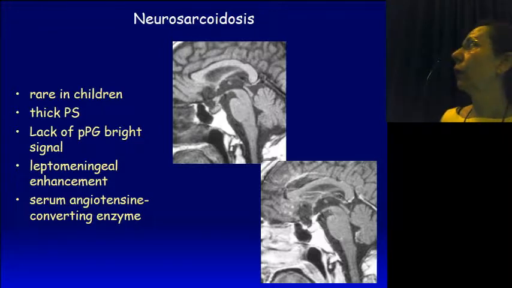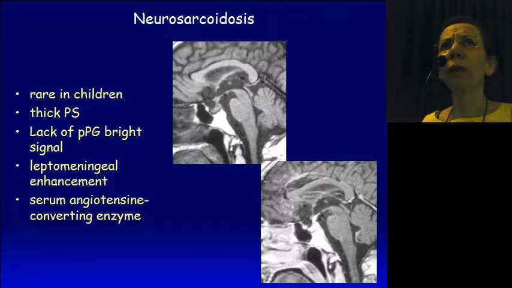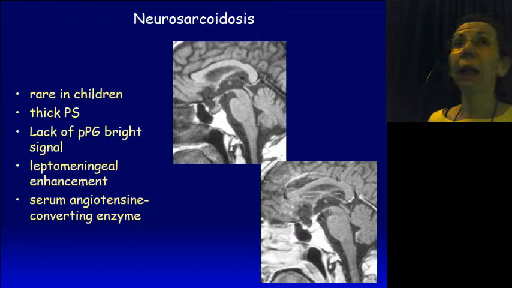Neurosarcoidosis, we don't see very often in children, but it exists. And again, this is a granulomatous disease, and you may see lack of high signal intensity in the posterior lobe and thickening of the pituitary stalk. And in many cases, you may see a low pituitary gland height in those children.